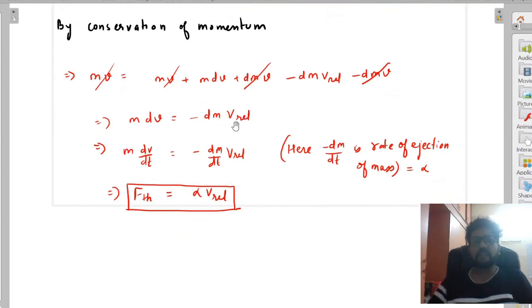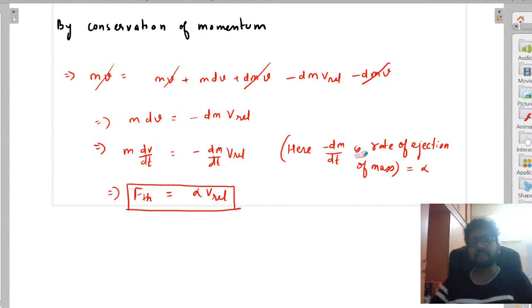But now we have also assumed that v relative is a constant. So what I have done is divide both sides by dt. So you will write m dv by dt is equal to minus dm by dt into v relative. Now listen to me carefully.